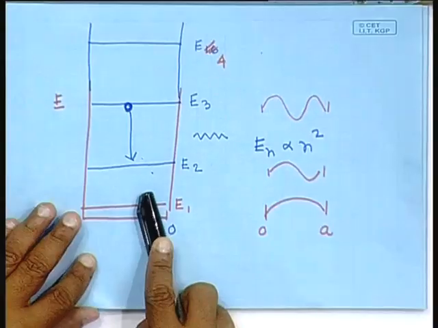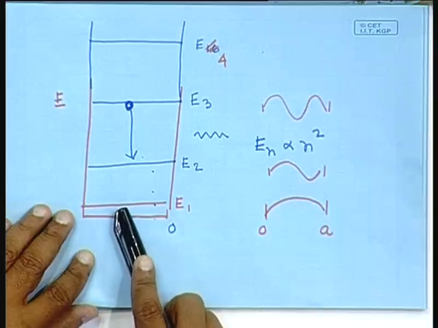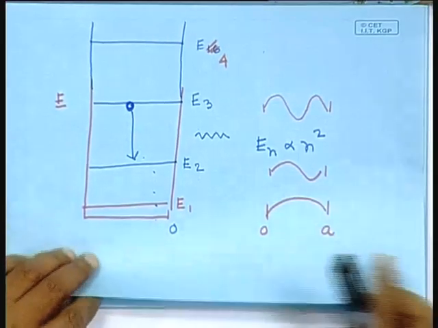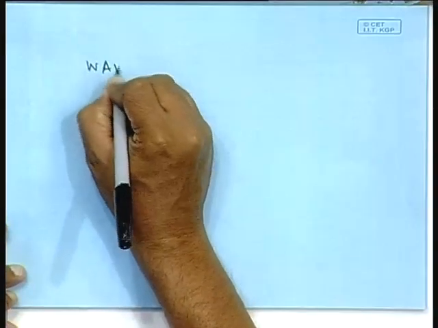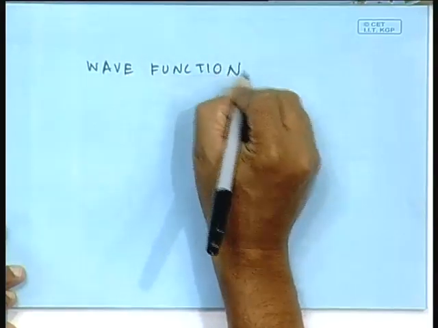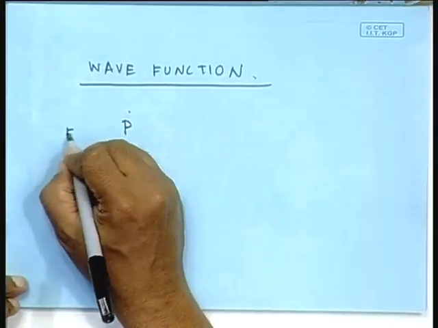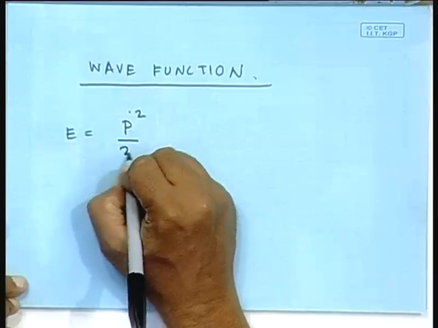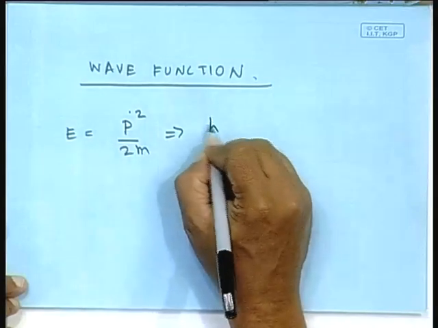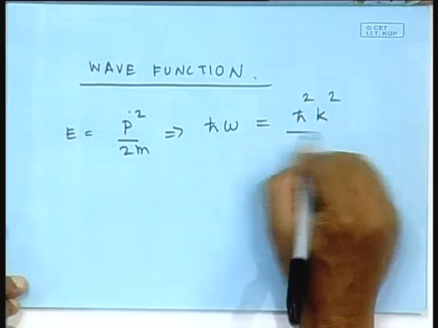The wave function is governed by the Schrodinger equation, and the dispersion relation for this particular wave, if you remember, for the Schrodinger equation or the wave function, comes from E equal to p square by 2m, which gives us that h cross omega is h cross square k square by 2m.